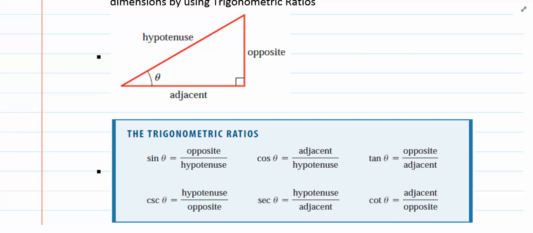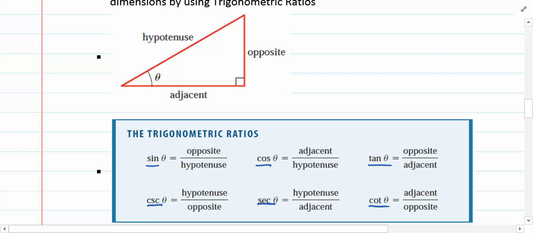Now, you might be familiar with the three common trigonometric ratios: sine, cosine, and tangent, but you may not be as familiar with cosecant, secant, and cotangent. And that's what we're going to work on here as we move forward.